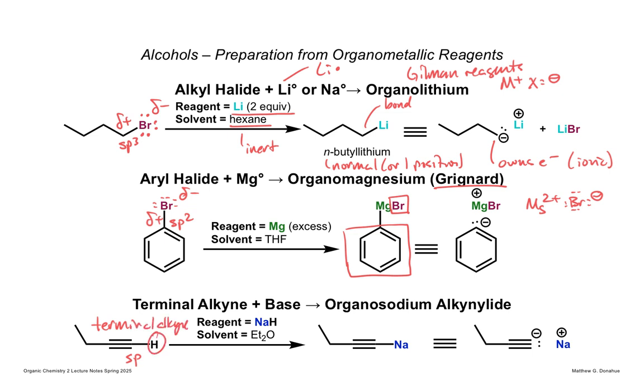So you need that acidic CH. And so you treat that with a base, sodium hydride, and that just does an acid-base reaction. And so now you have the sp hybridized carbanion plus the sodium cation to balance off the charge.